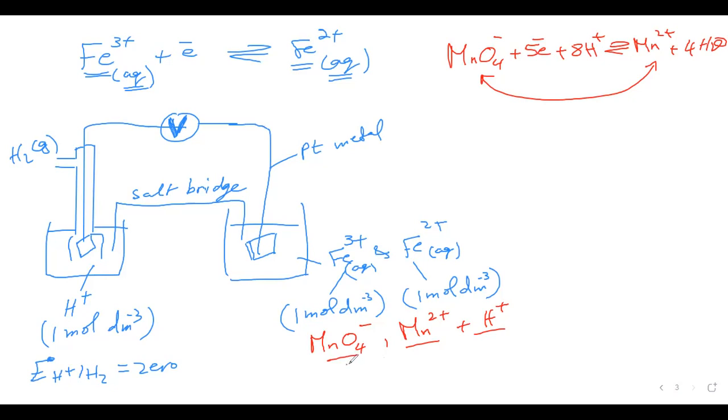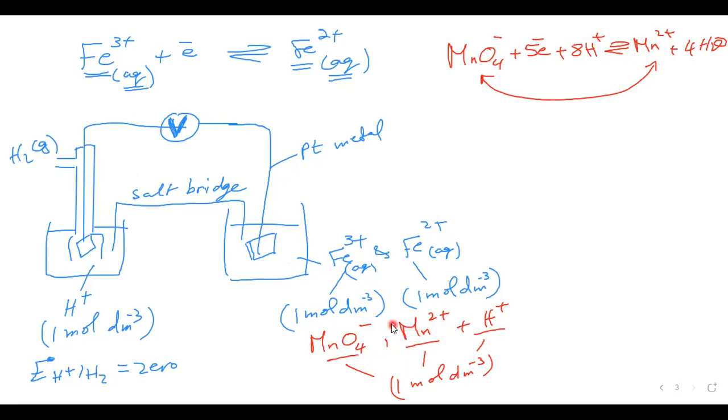All of these have a concentration of 1 mole per decimeter cube. And we connect these three solutions by a platinum wire to the voltmeter, to the hydrogen electrode, in order to measure the potential difference, or the standard electrode potential, between the MnO4- and the Mn2+ ions.